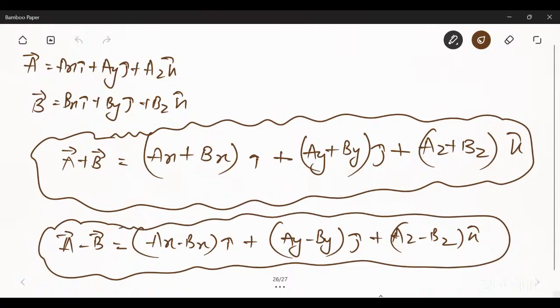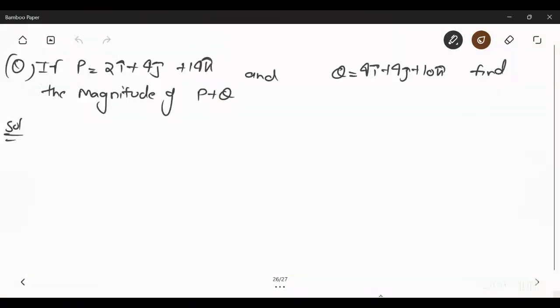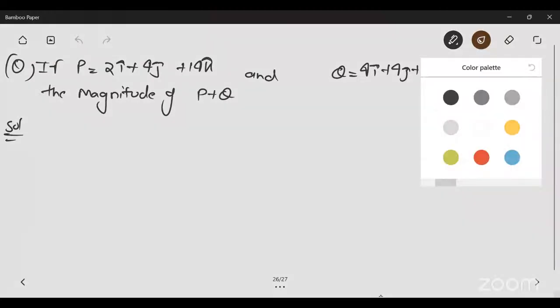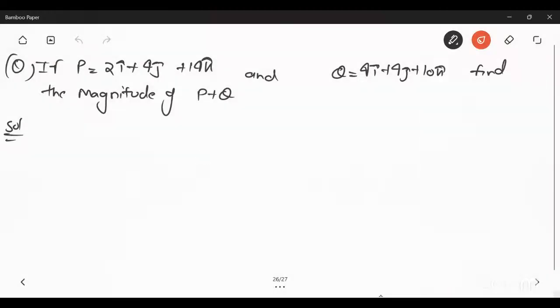Now come to the question. Question is given that P is 2i plus 4j plus 14k and Q is 4i plus 4j plus 10k, and you have to find the magnitude of P vector plus Q vector. So what is P vector plus Q vector?